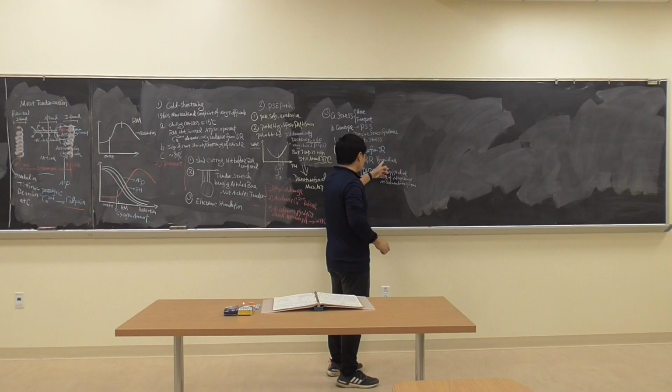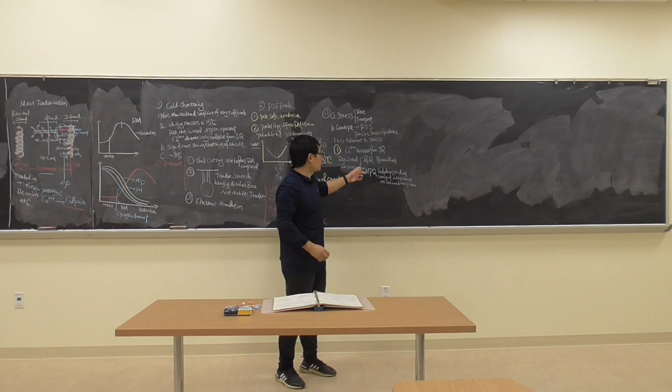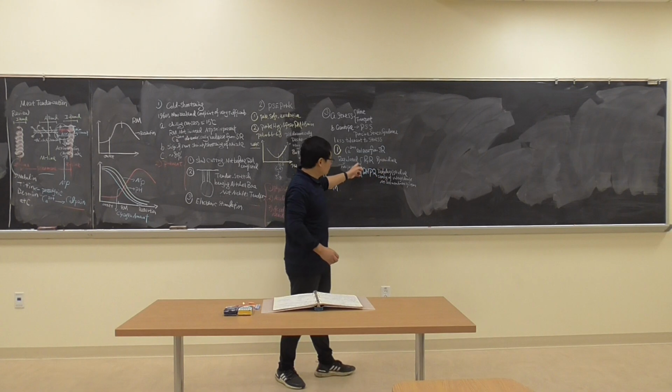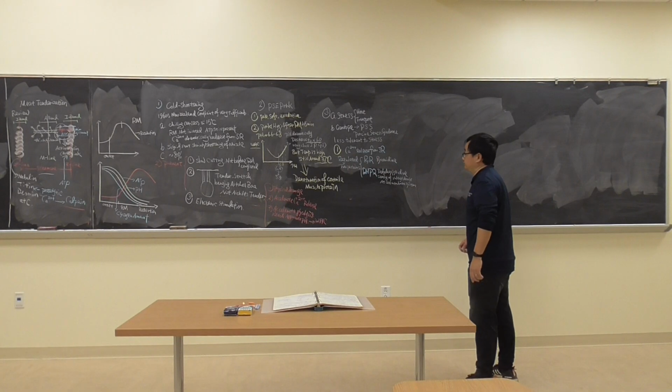Now, ryanodine, the name comes from research showing this specific protein has an affinity, which means attaching, to a toxic plant. And the toxic plant is ryanodine. Therefore, we name the protein RYR.